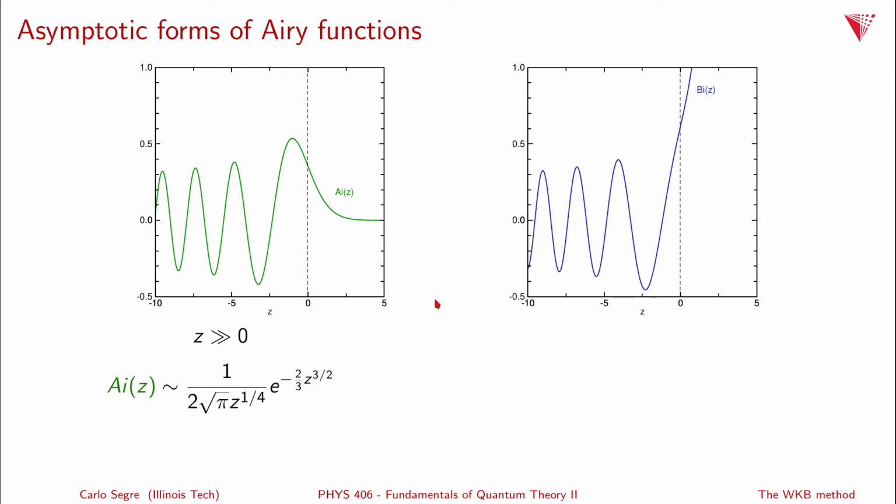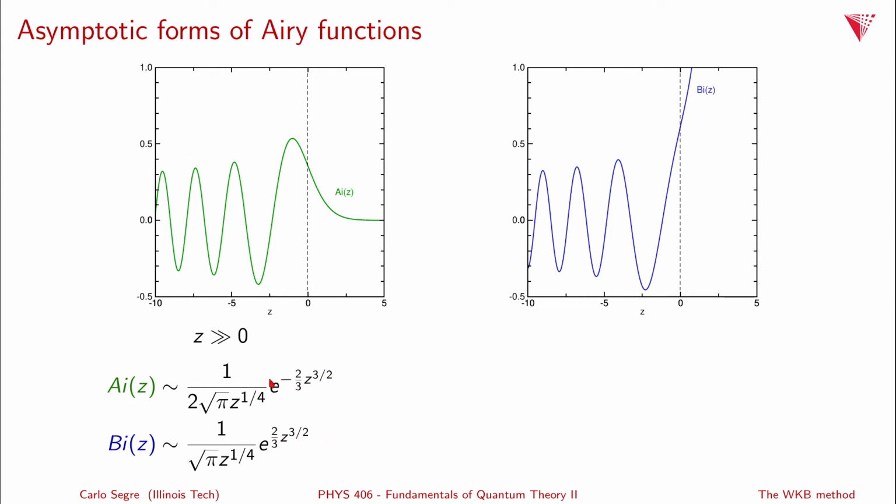So when z is much, much bigger than 0, then Ai of z goes like 1 over 2 square root of pi z to the 1/4 times e to the minus 2/3 z to the 3/2. And Bi of z goes like 1 over square root of pi z to the 1/4 e to the 2/3 z to the 3/2.